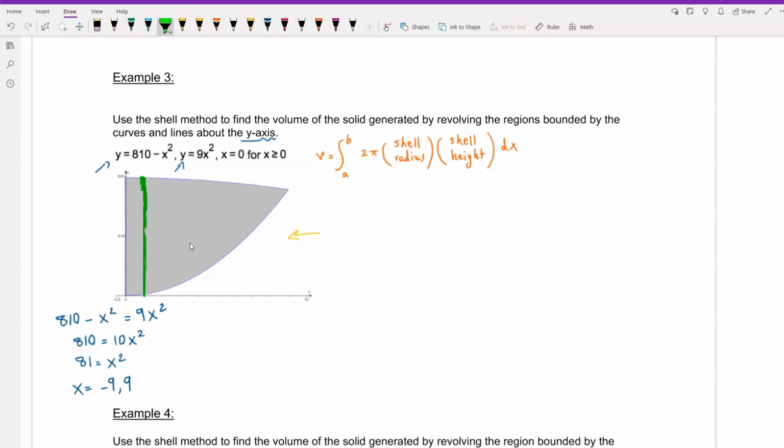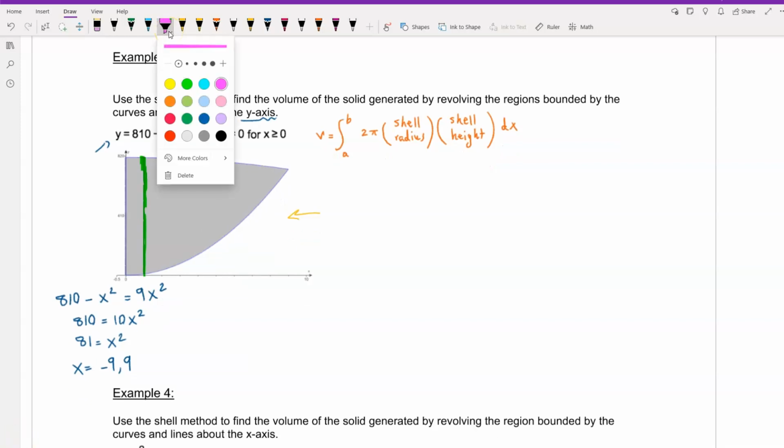Based on that, we can find the shell height, which is the segment length, and the distance from the axis of revolution, that is the shell radius. The shell radius is the distance from the y-axis to an indicated x value.